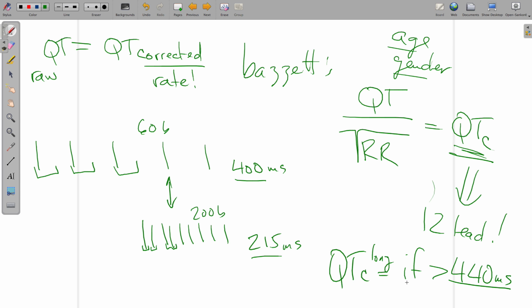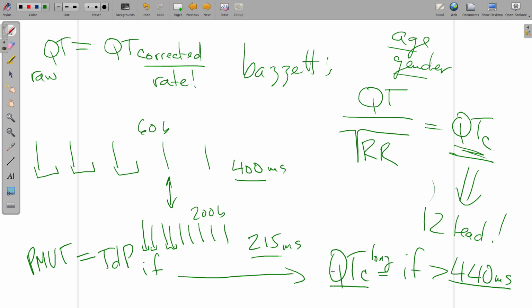And I said to you, in order for you to call polymorphic VTach the specific kind of polymorphic VTach which is called torsades, you have to know if the QTC is long. Because polymorphic VTach only equals torsades if the QTC exceeds this desired length of 440 milliseconds.